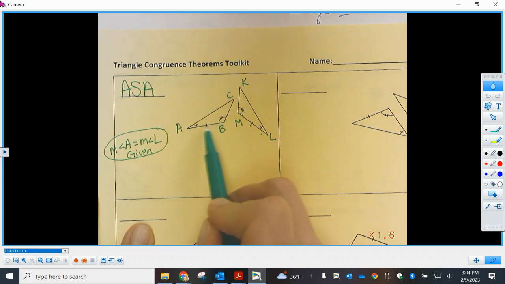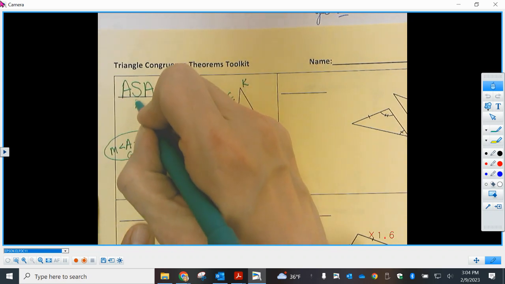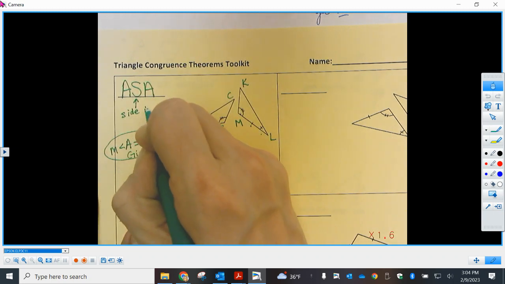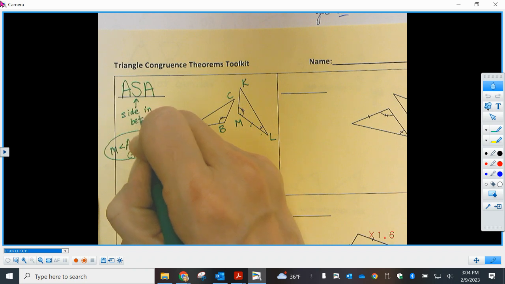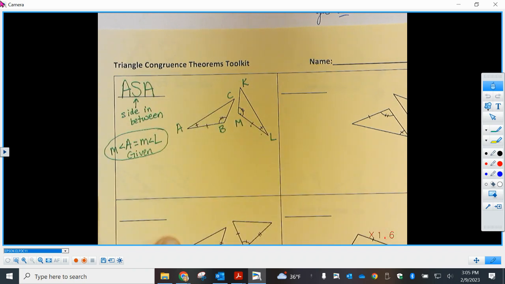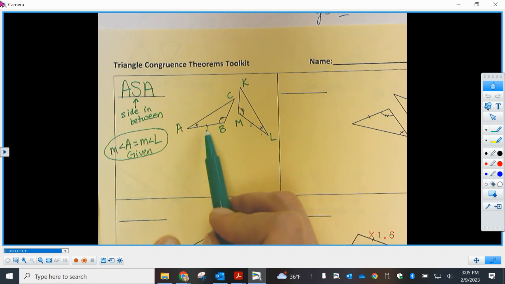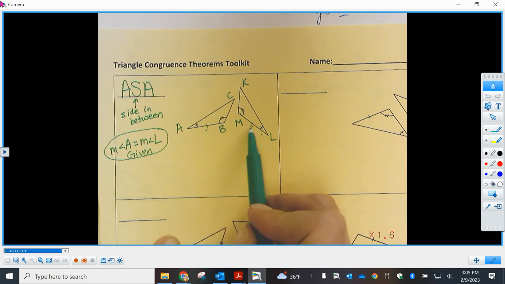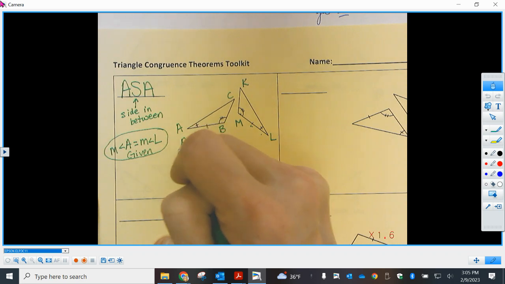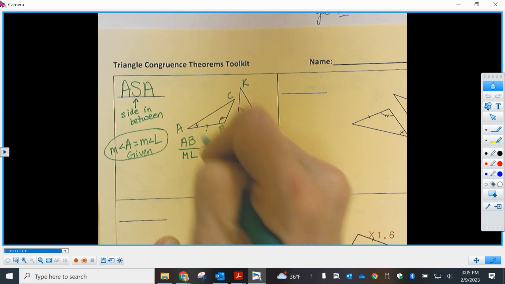We can say that this side in between, okay, so this is important, it has to be the side in between, is the same, right? So that side ratio is 1. So we can say AB over ML equals 1.